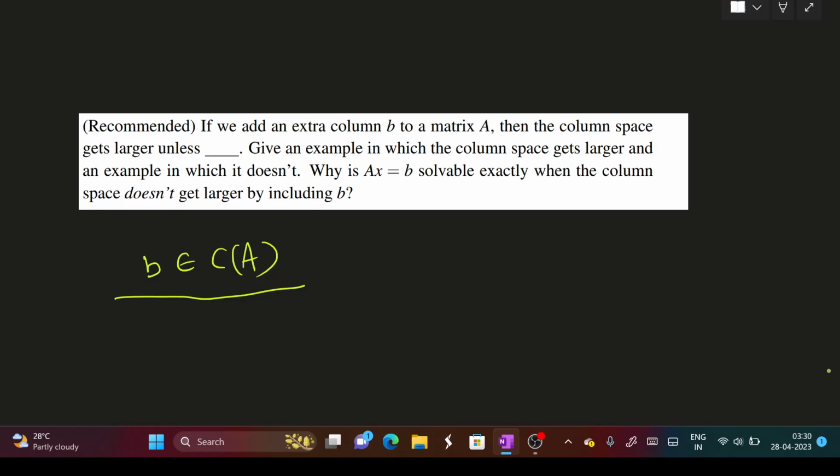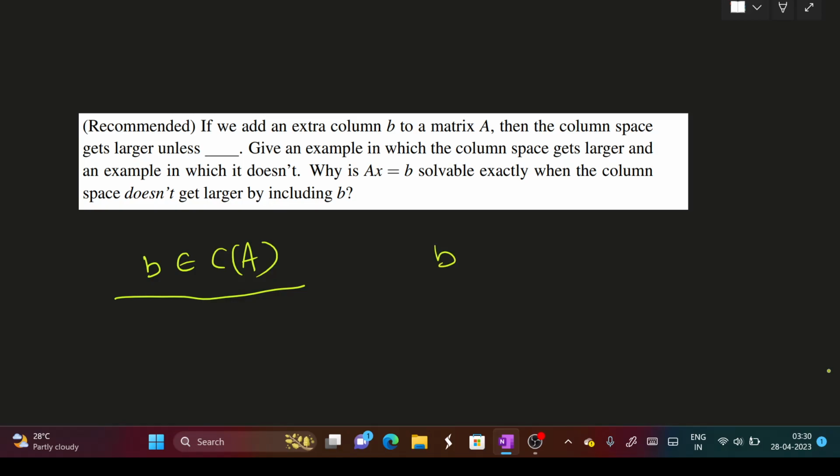If B belongs to C of A, the column space remains same. The extra vector B belongs to column space. If B is an element of column space of A, then it will not get larger. It will remain as it is.